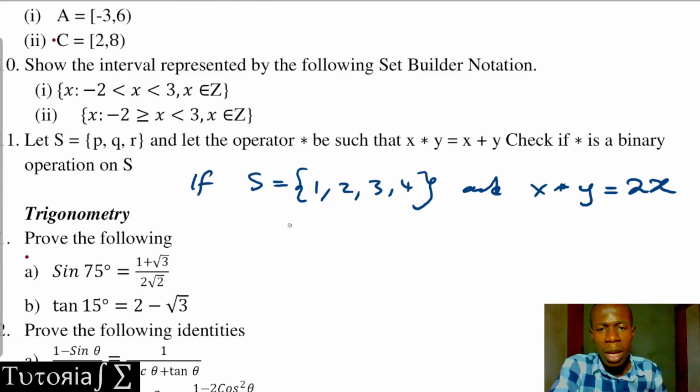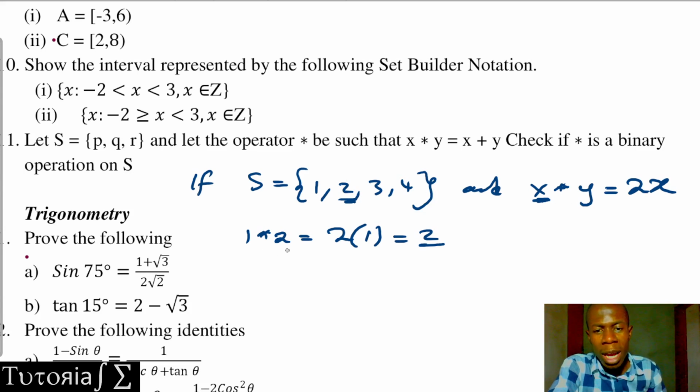So let's say we have 1 star 2. 1 star 2 will be equal to, we're just getting the values of x, so which is just 2. Well, 2 is part of this set, but we have to try all the values in here.